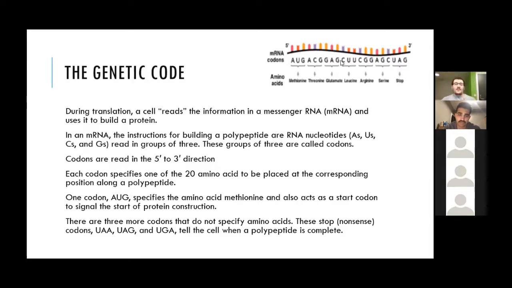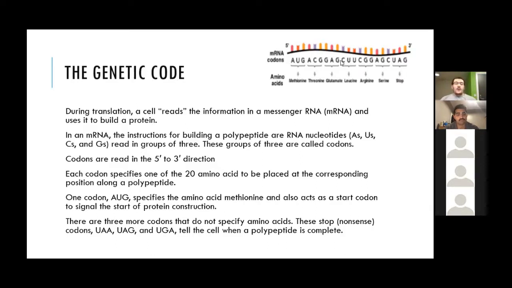During translation, a ribosome reads the message from the mRNA, and specific tRNA molecules have the specific amino acid attached and give off their amino acid. We're going to look at that afterwards.